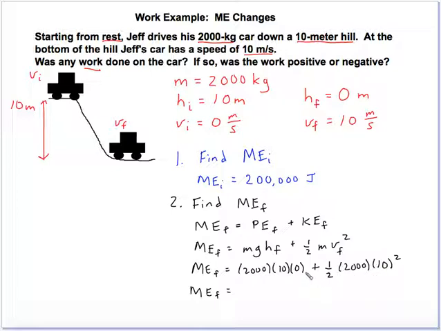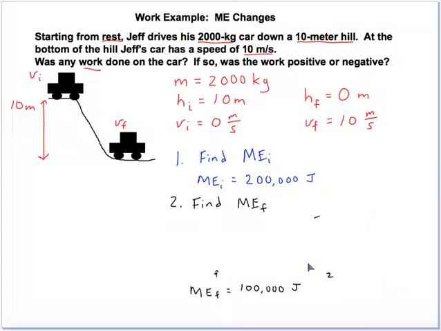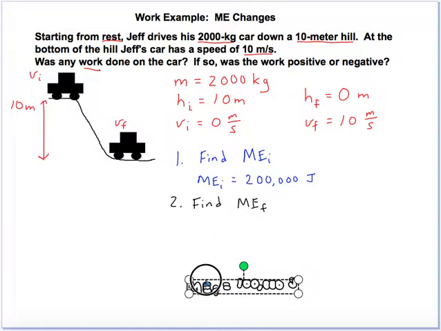It's the same thing as 1,000 times 10 squared, or 100,000. The units again are joules. So we found that the final mechanical energy is 100,000 joules. Alright, so again I'm going to just clean this up a little bit. You can rewind or pause if you didn't get all that.